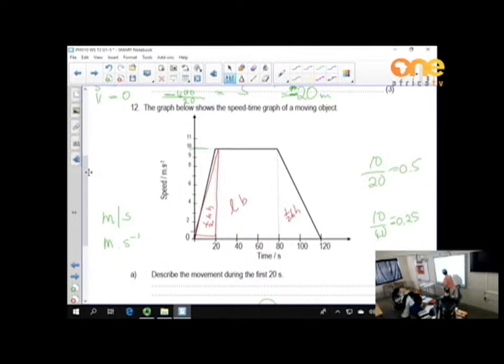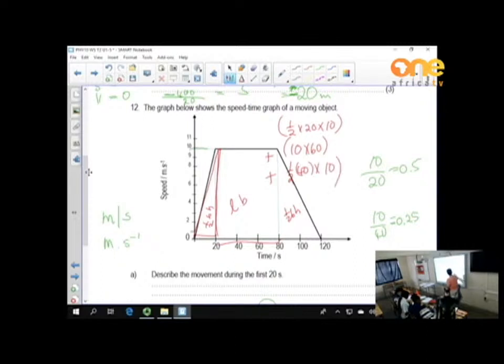So I will have half of 20 times 10 plus 10 times 60 plus half base times height, half of 40 times 10.